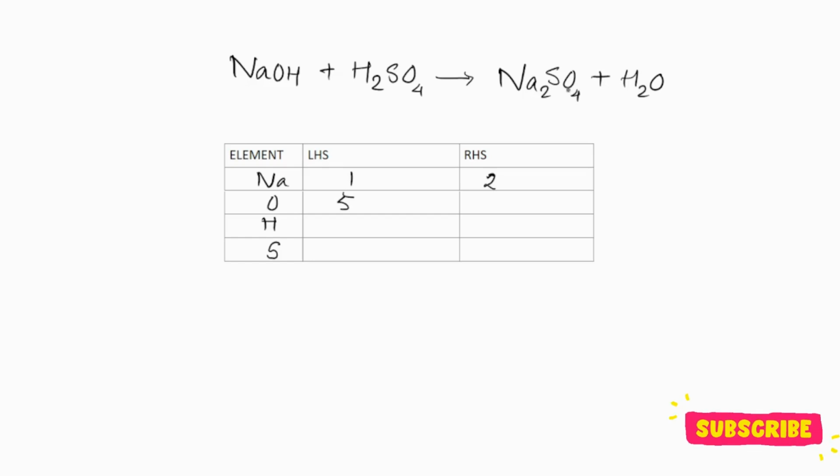See here, 4 and 1, 5. So 5 oxygen are there. Number of hydrogens, here it is 2 plus 1, 3. So 3 hydrogens, here it is 2 hydrogens. Number of sulfur is 1 here and 1 here.